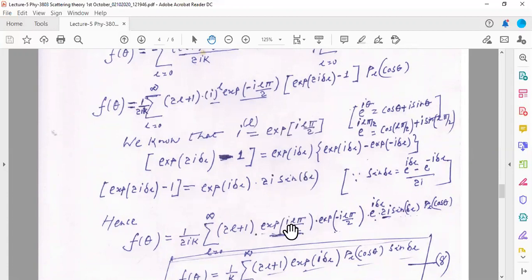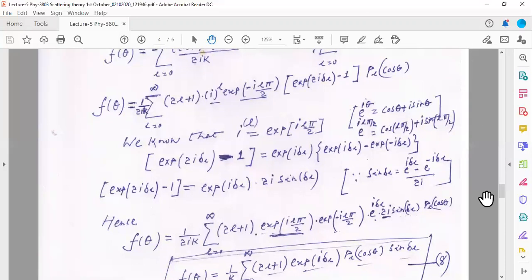So e to the power of iL pi by 2, and again the same factor e to the power of minus iL pi by 2. And now you see this factor exponential of 2i delta L minus 1 is replaced by 2i sin delta L exponential i delta L. So I can write it here: 2i, e to the power of i delta L into sin delta L, P_L cos theta.